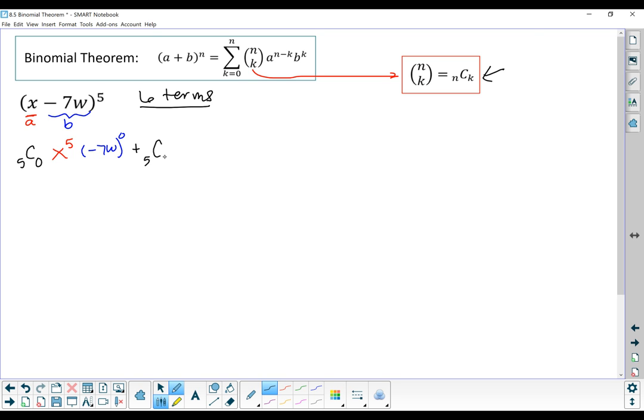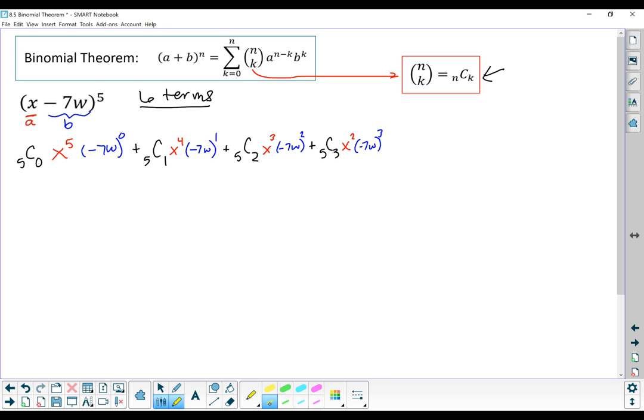Now we have 5C1 as our coefficient. The x's power is going to decrease, while the negative 7w's power is going to increase. And then we're ready for our next term, 5C2. The x's power is decreasing. The negative 7w's power is increasing. Now we're ready for our next term, 5C3 is the coefficient. The x's power is decreasing, so it's at power 2 now. The negative 7w's power is increasing, so it's at a power of 3 now.